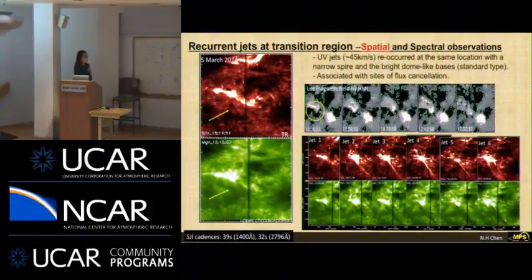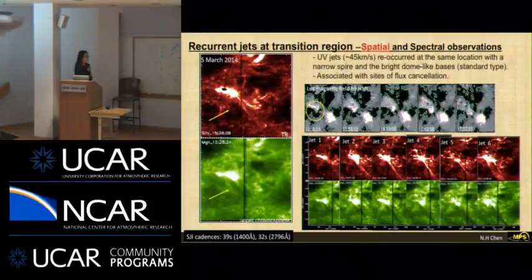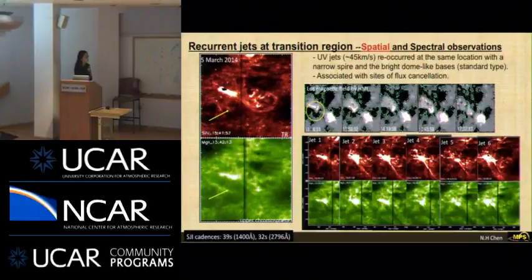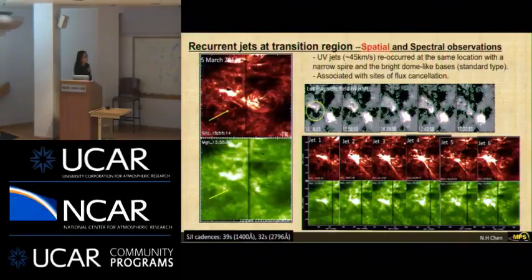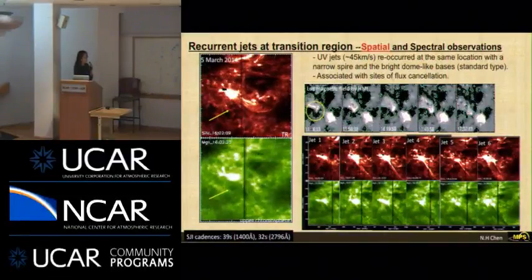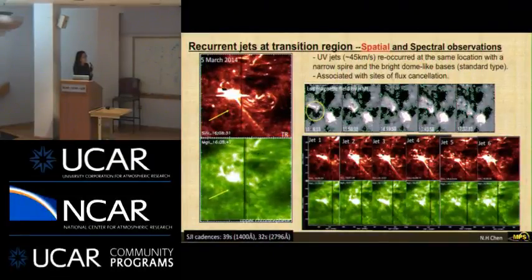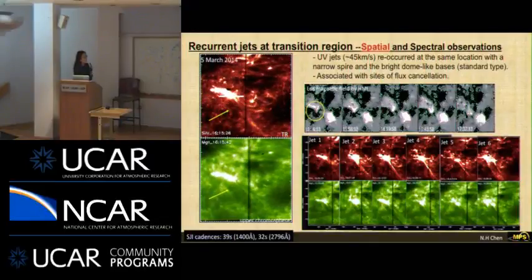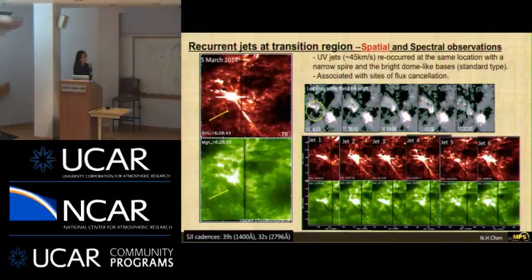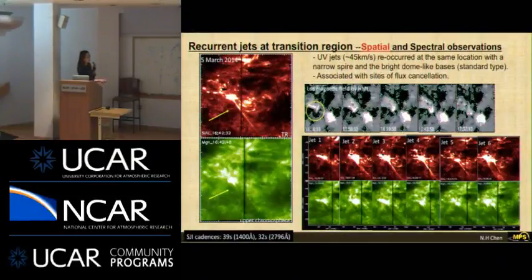2014 March 5th. And the white arrow shows you the place where it keeps recurring, with the upper part in silicon 4 and the lower in the silicon 2 line. As we know, we found that the base of this recurrent jet is actually two flux cancellation sites, as shown on HMI, and pointed out in this diagram.